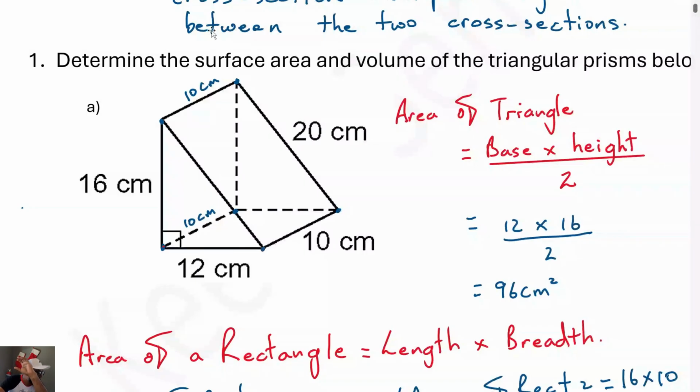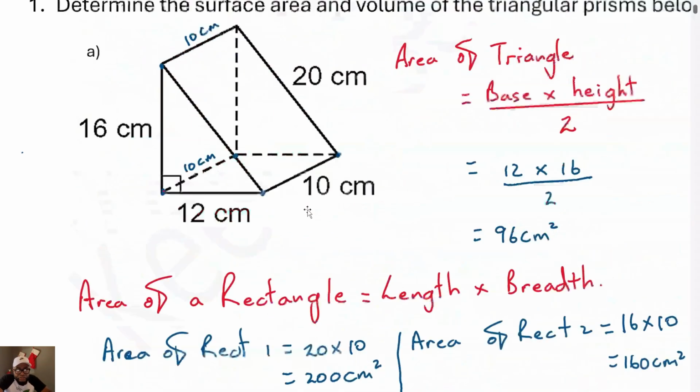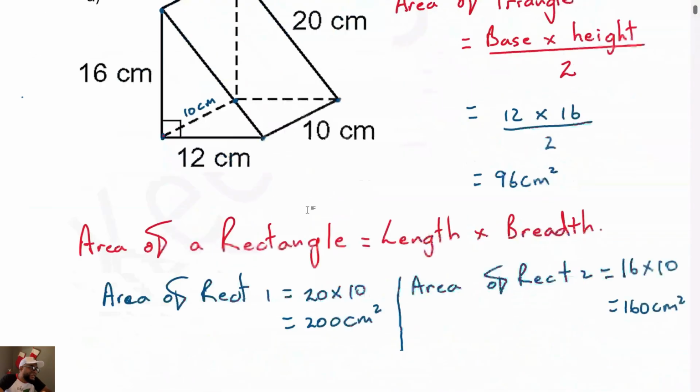Right, Alyssa? Yes, sir. In other words, you visualize a knife. You're coming with a knife, cutting that shape in two. When you cut that shape in two and you open it, you're supposed to see the same shape on both sides. So our cross section is the triangle.